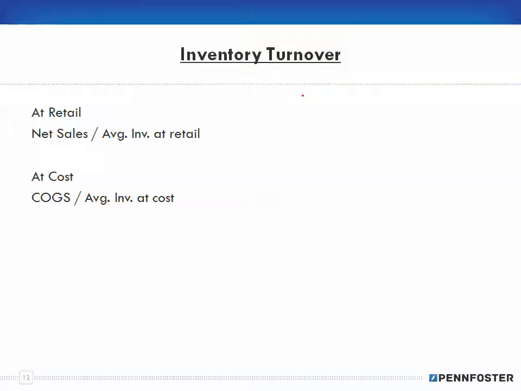It's one of the ratios you use to look at your inventory versus an overall financial position of your business, right? So inventory turnover, again, basically it's how many times you can turn it over. When you have inventory, you have a cost for that inventory, and you have your retail, what you're selling it for.